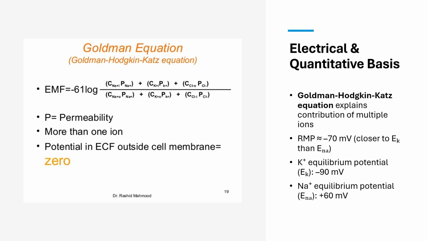When we apply the GHK equation to a typical neuron, the calculated resting membrane potential is about minus 70 millivolts. Notice how this value lies closer to the equilibrium potential of potassium than to the equilibrium potential of sodium. That's because, as we discussed, the membrane at rest is far more permeable to potassium than sodium. So potassium has the dominant influence.